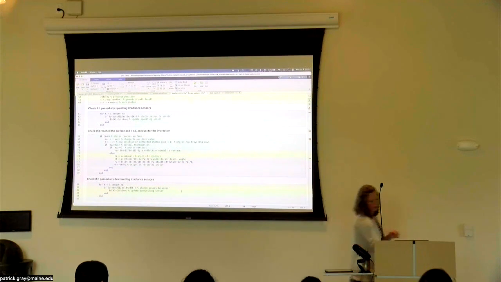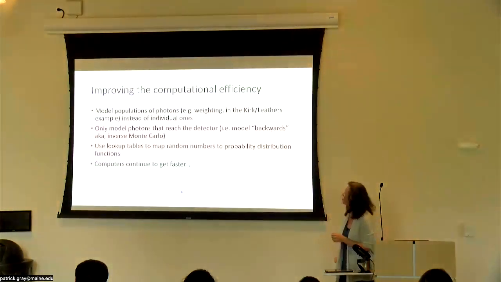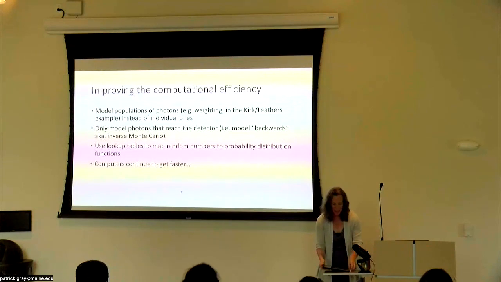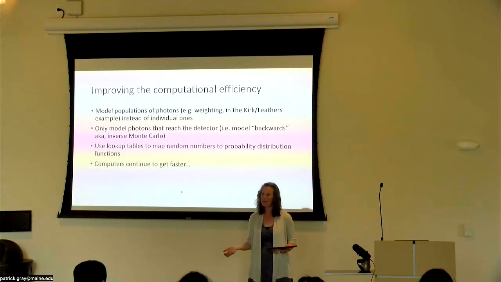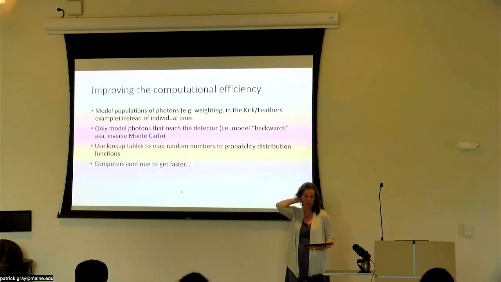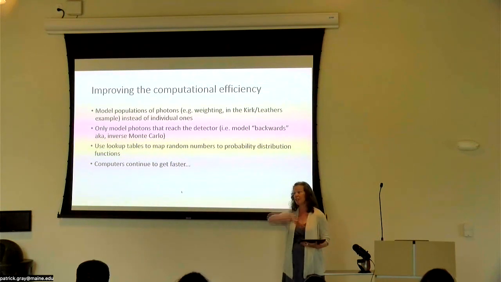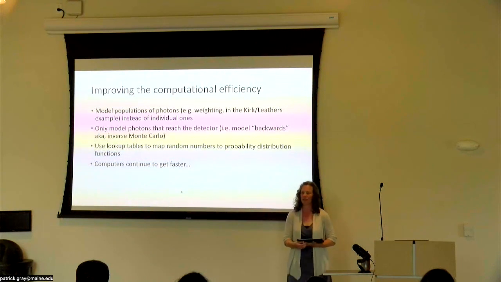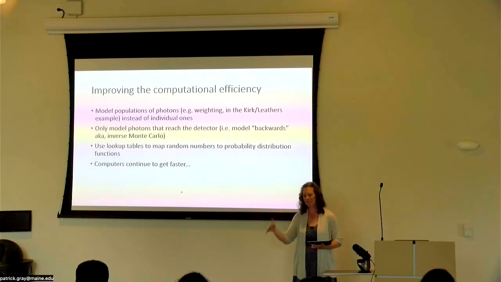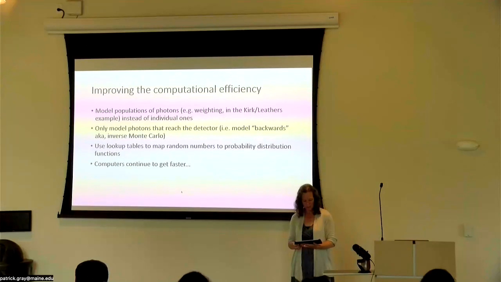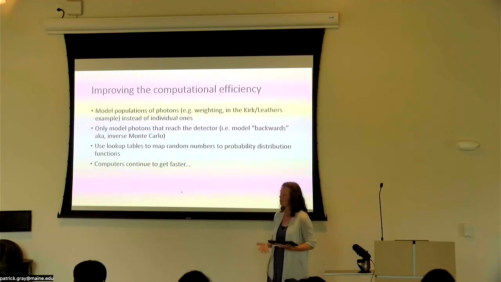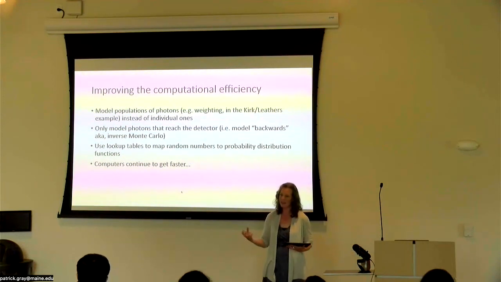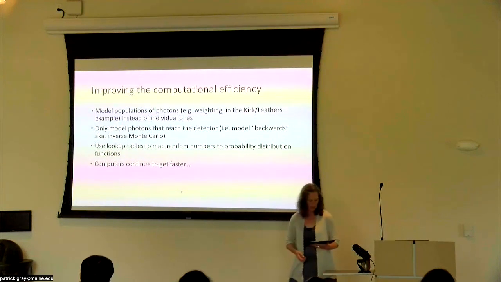Okay. So I mentioned a couple of times that computational efficiency can be important with these. Remember, you do have to model enough photons that you're converging on a solution that's consistent. So ways to improve this: model populations of photons with weights instead of individual photons, as the Leathers example did.